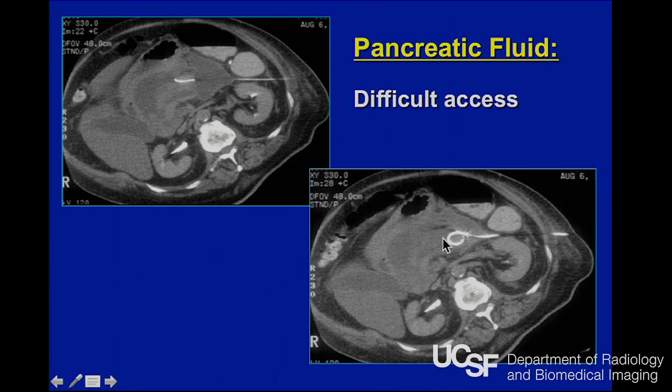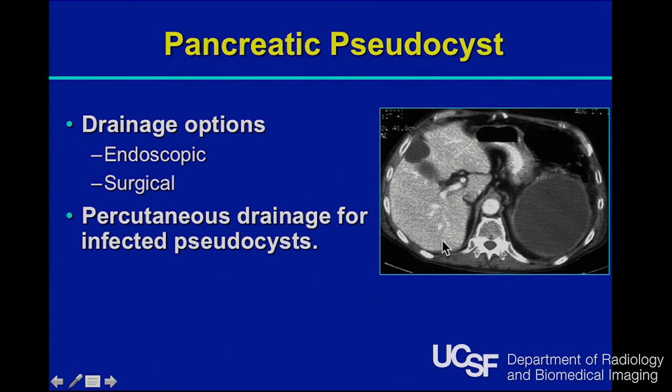So this is one of those examples. In the pseudocyst situation, try to avoid draining them percutaneously, because once you drain them percutaneously, that creates a very happy track from the pseudocyst to the atmosphere, and then it might be very difficult to actually find a situation where you can actually remove the tube. A lot of the time, these patients might be able to get a cystgastrostomy, either surgical or endoscopic.